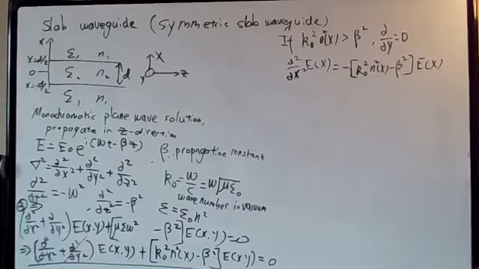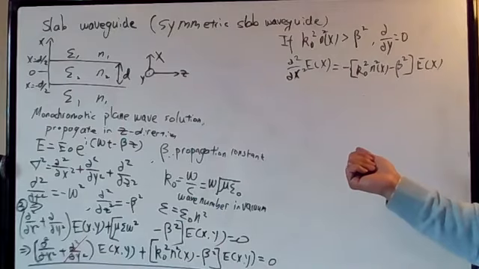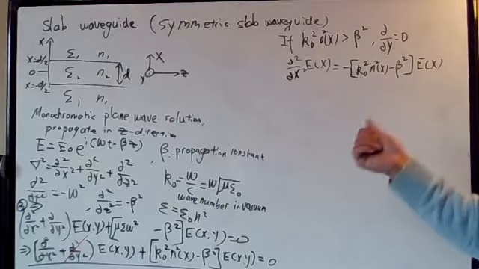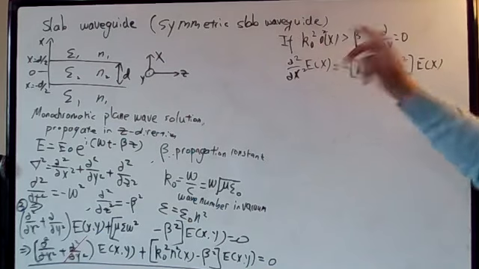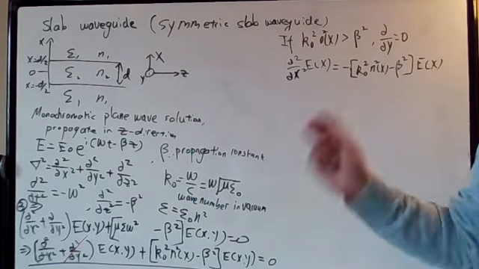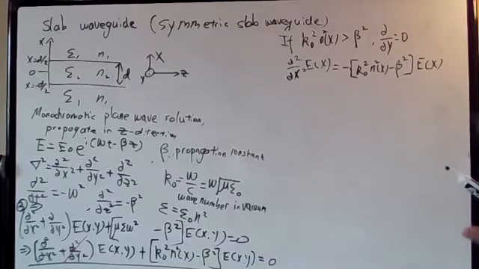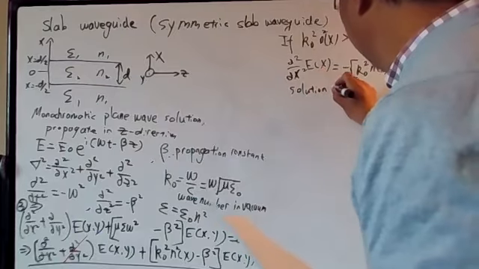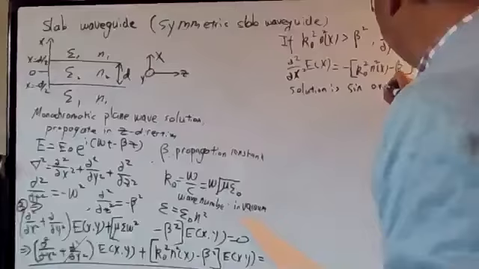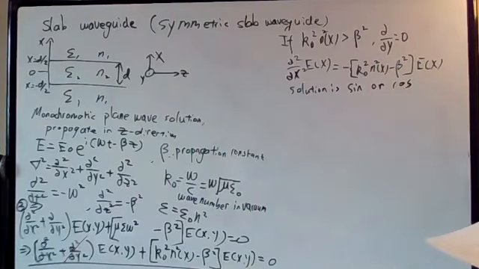Alternatively, a cosine function will do the same thing. If I have a cosine function, the second derivative of cosine is a negative coefficient times the cosine function. So the solution is either sine or cosine, right?